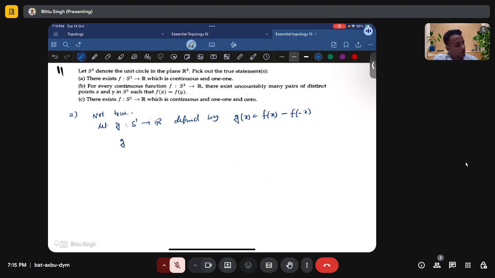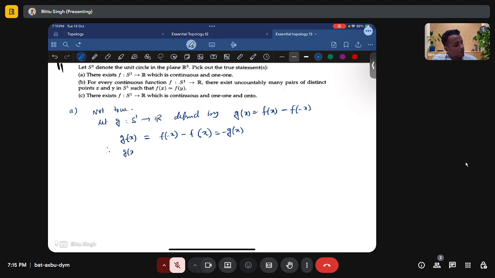Then if we take G of minus x, this is the same as f of minus x minus f of x, which is the same as minus G of x. Therefore G of x and G of minus x are of opposite sign.